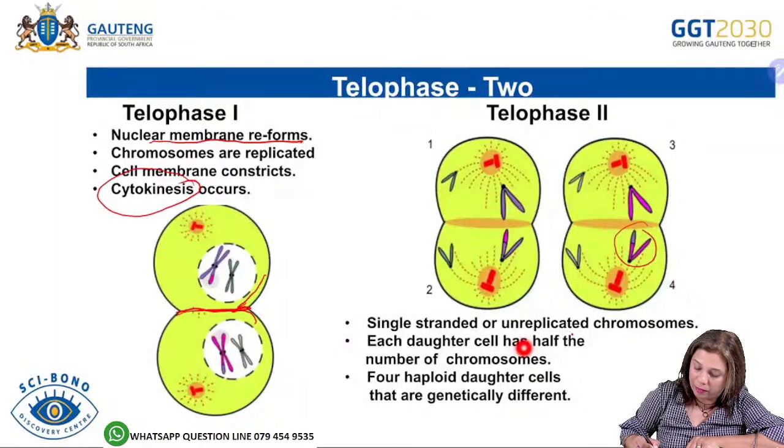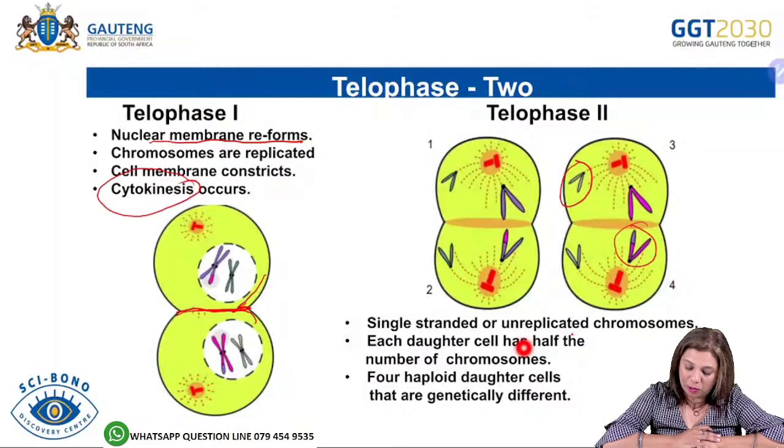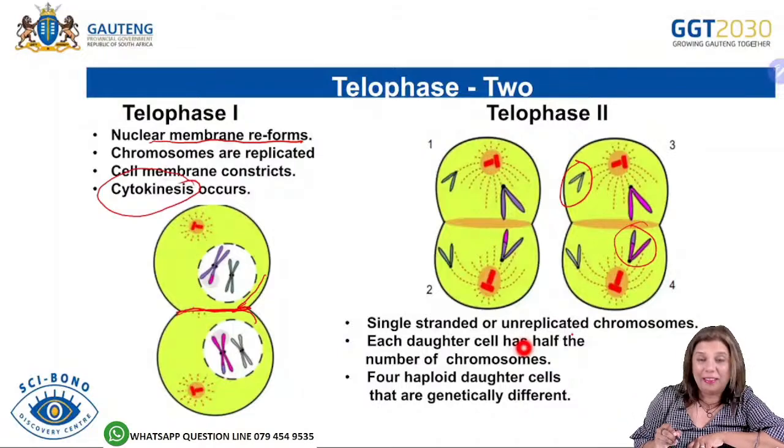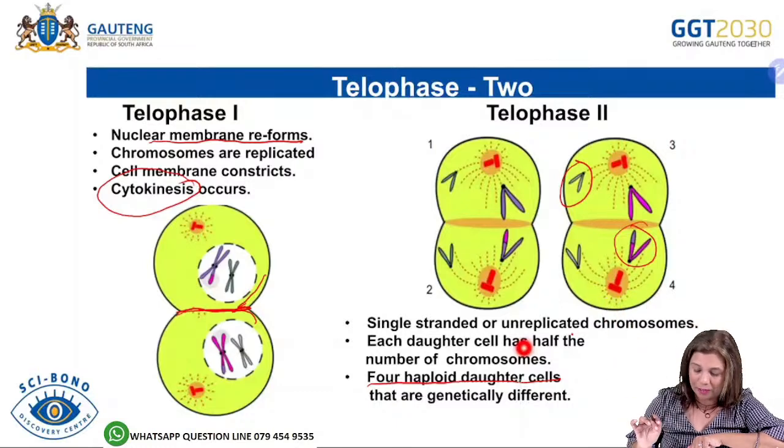There we see them. Each daughter cell has half the number of chromosomes. 4 haploid daughter cells that are genetically different. That is what I was waiting for. We know they're daughter cells because they moved to the poles after the centromere split. And they are genetically different.